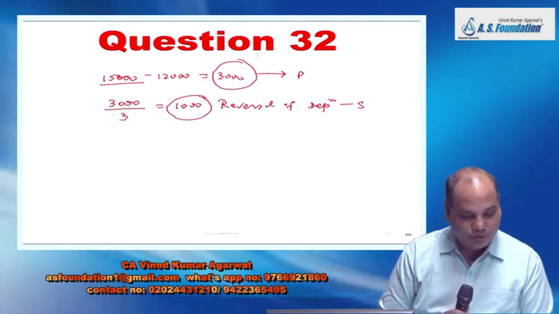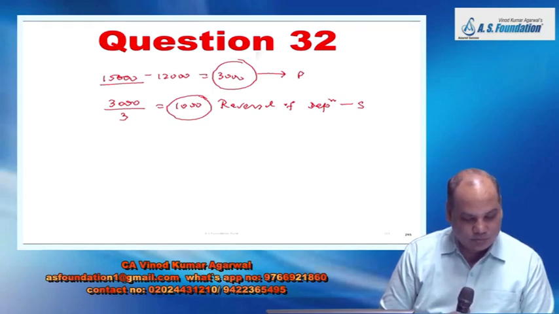So what is the treatment? Go to receivable, minus 6,000. Go to payable, minus, from payable how much will you deduct? 1,000. And how much is check in transit? 5. Check in transit 5.